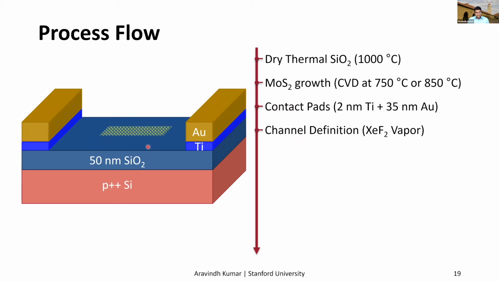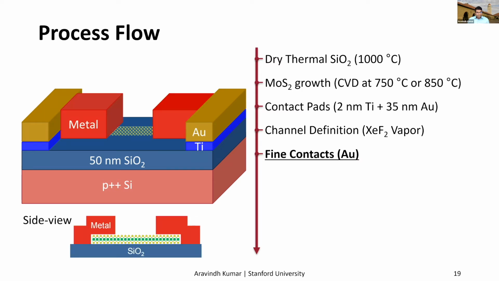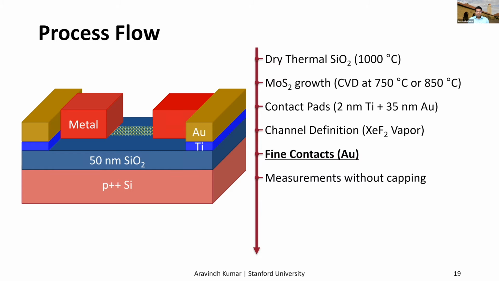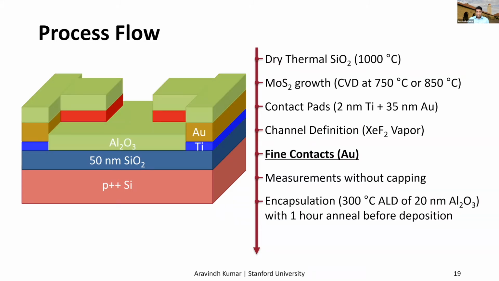And next, we etch the part in the middle to form a rectangular channel. And then we deposit the metal contacts on top of MoS2, as shown here. Then we test these devices without any capping. And after that, we carry out encapsulation using atomic layer deposition and remeasure the devices.